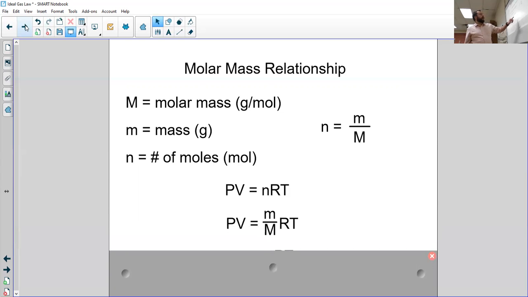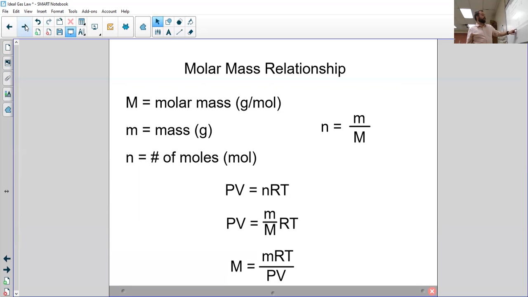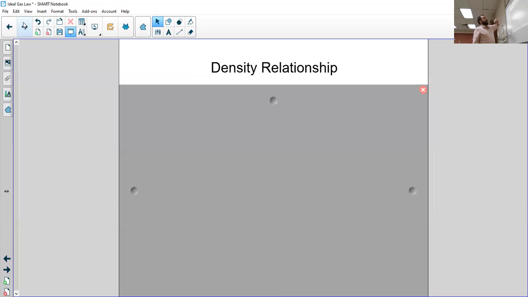We can throw that mass over molar mass into our equation. So we get PV equals mRT over capital M. Rearranging to get molar mass alone, we get molar mass is equal to mass times the ideal gas constant times the temperature, divided by the pressure times the volume.